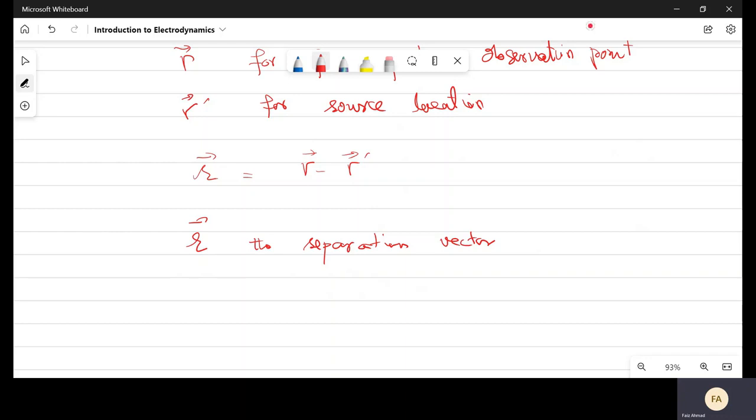We can write the unit vector again as the vector divided by its magnitude: R minus R prime vector divided by the magnitude of R minus R prime.